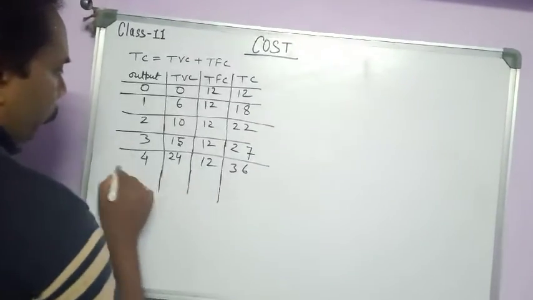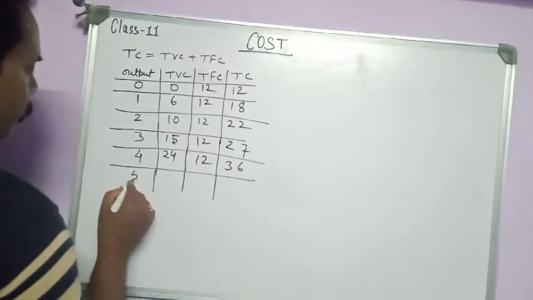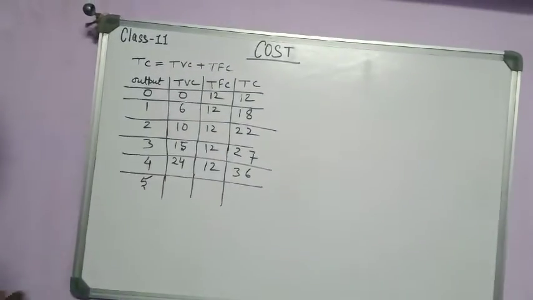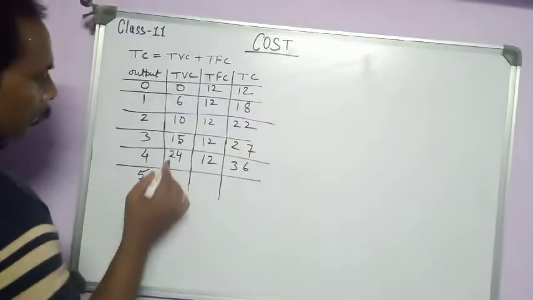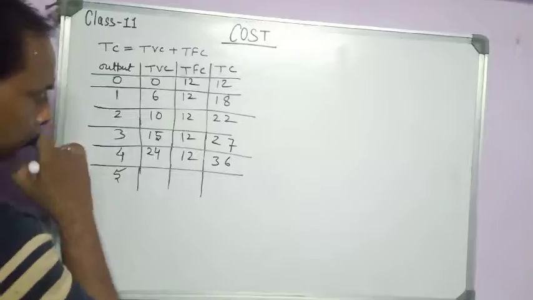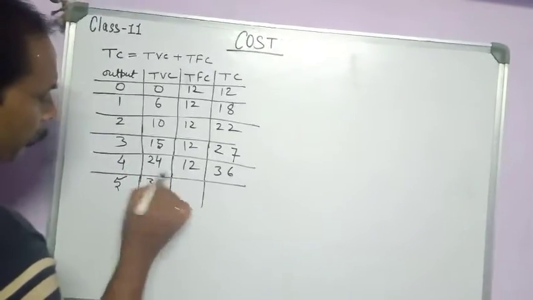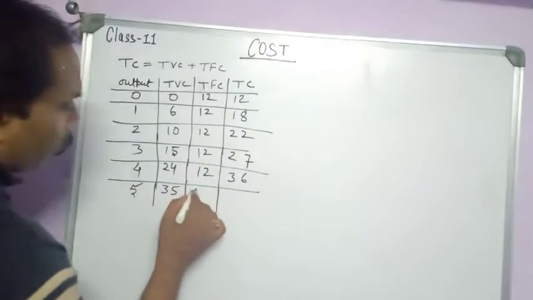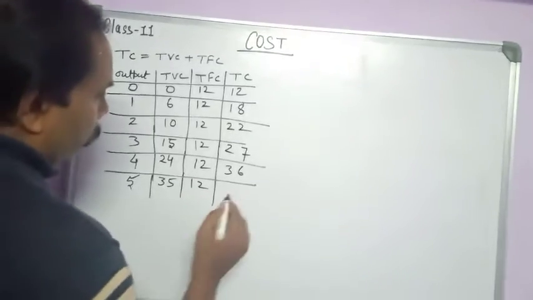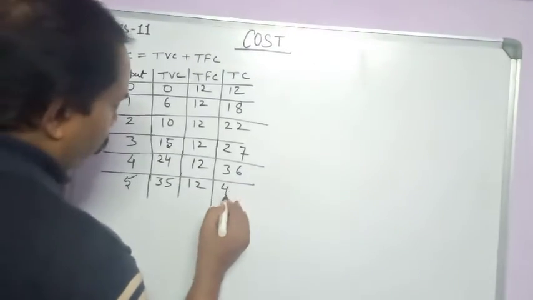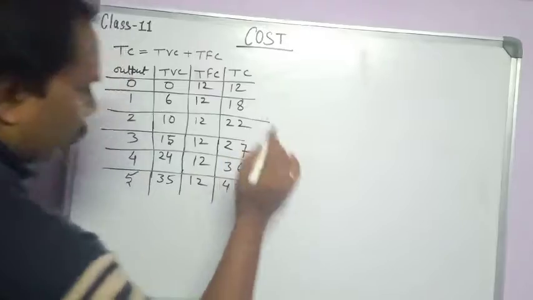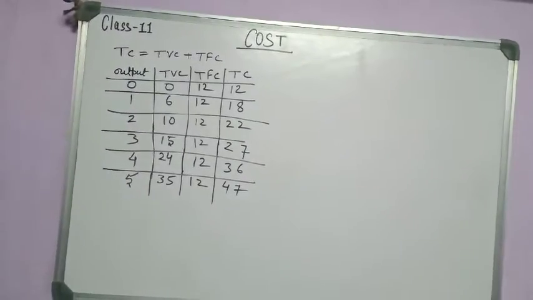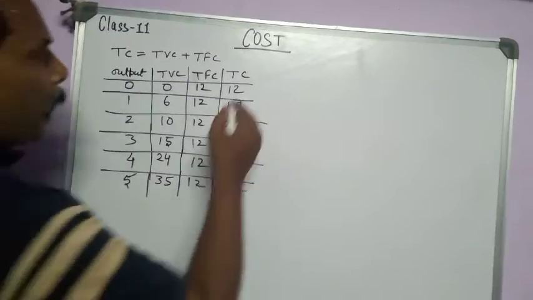Now if we move towards the fifth unit, is it clear? Here suppose the TVC value is 35 and the total fixed cost will remain constant, so TC will be 47. Is it clear? So in this way, what do you find?